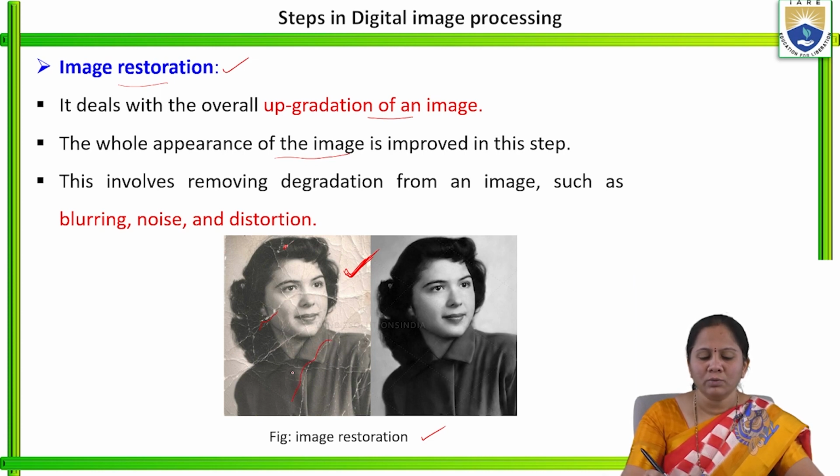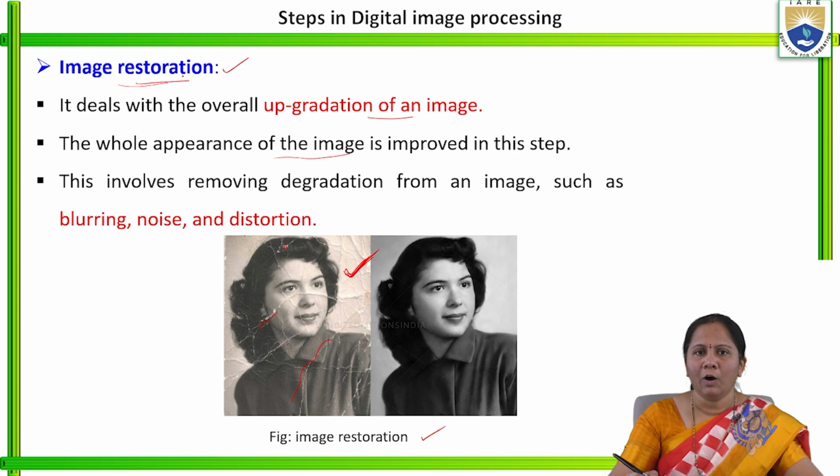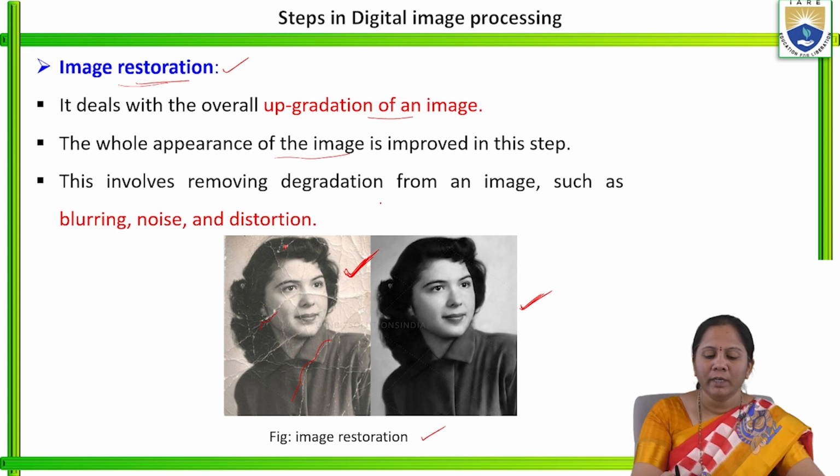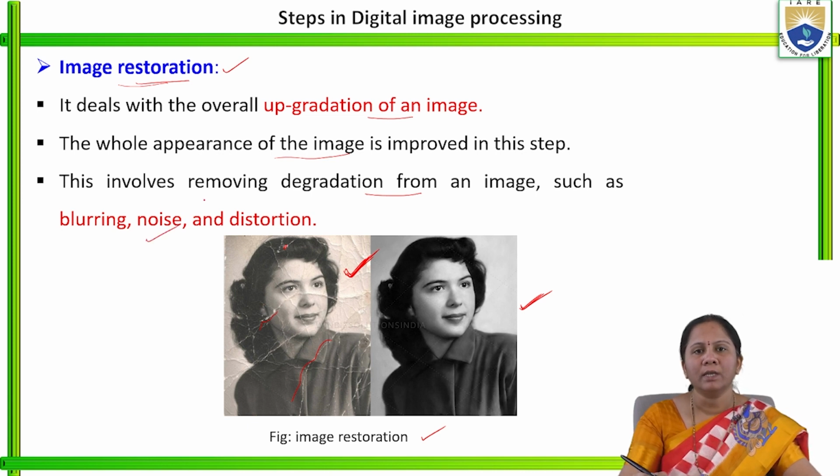In order to restore that degraded image, we do the image restoration operation. After image restoration, this is the output image we get. What we observe in this output image is that the degradation has been removed, so the blurring, noise and distortion present in the input image have been reduced.